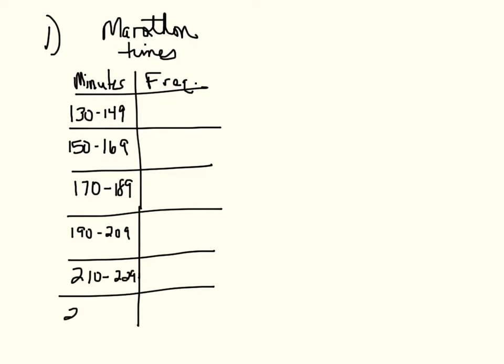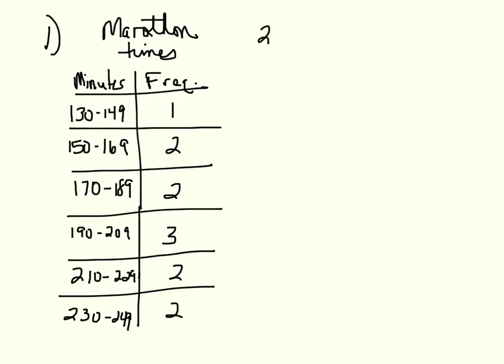And then 230 to 249. So if I count them up, the frequency table would show a 1, a 2, a 2, a 3, a 2, and a 2. And there you go. We just made ourselves a frequency table. Pretty easy.